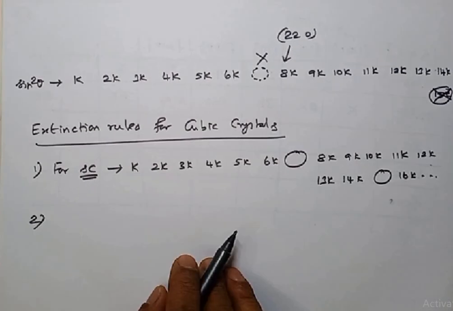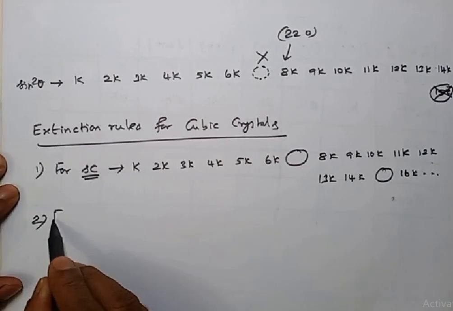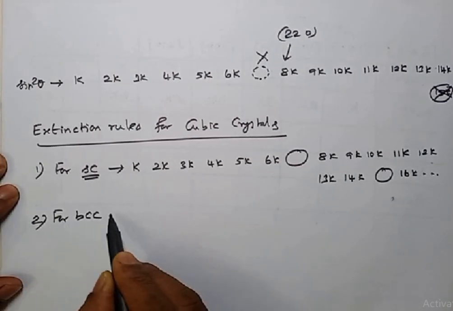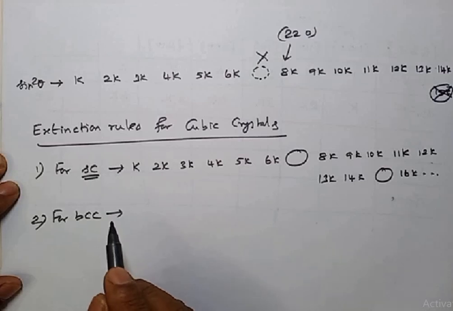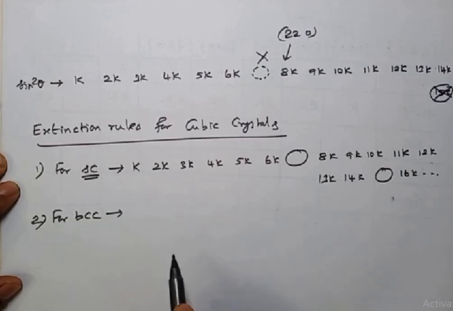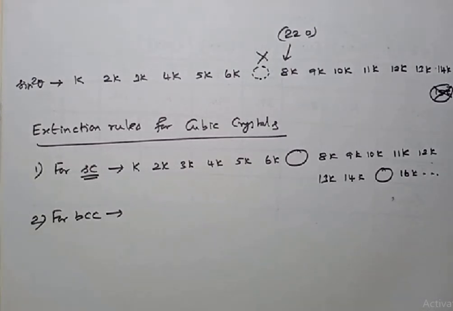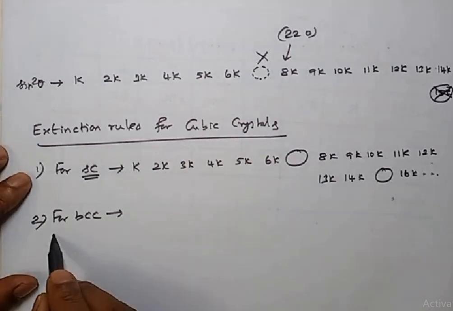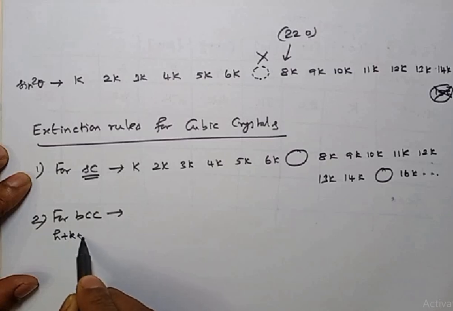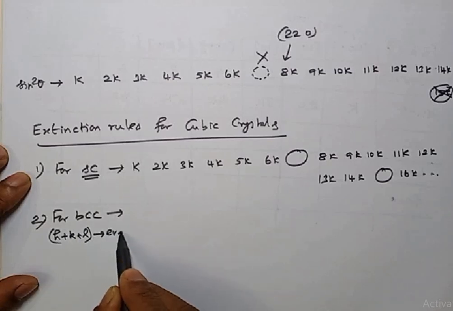Next, for BCC, body centered cubic crystals, which planes are allowed, and what is the rule? The extinction rule is very simple. For a body centered cubic crystal, H plus K plus L should be an even number.